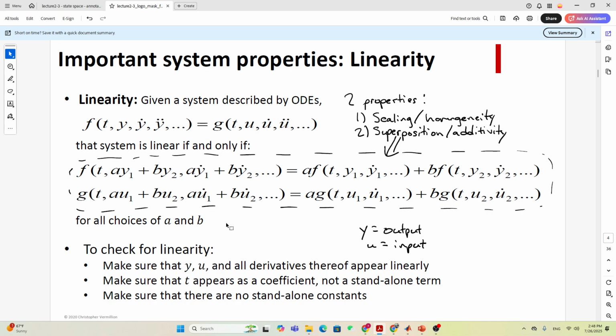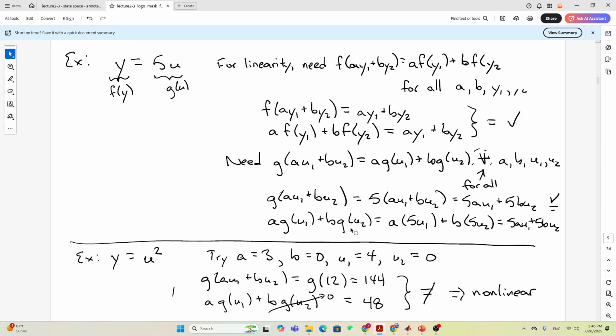Another one is that the output and input and all derivatives thereof also appear linearly. The third one is to make sure there are no standalone constants. Otherwise, it will be considered a nonlinear system or not following the LTI prerequisite.